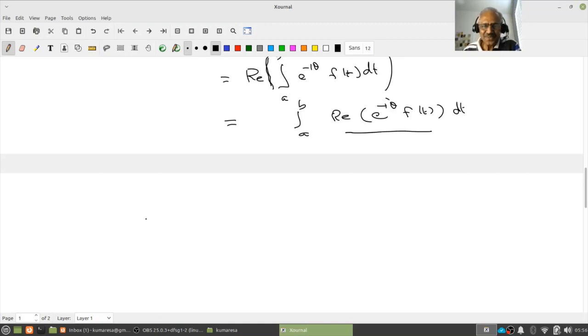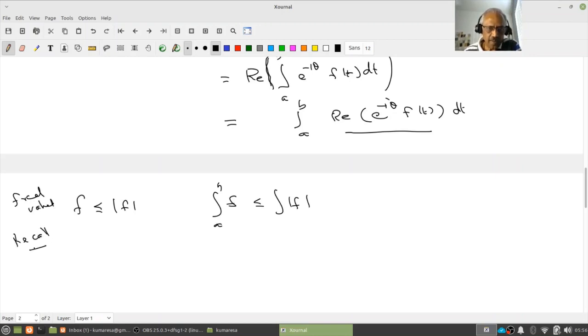Right? Therefore what I know is, since f is less than or equal to mod f, the integral from a to b of f is less than or equal to the integral of mod f. This is true for anything, for f real. This is a recall. So I am going to use this. This is a digression. We are going to use that.